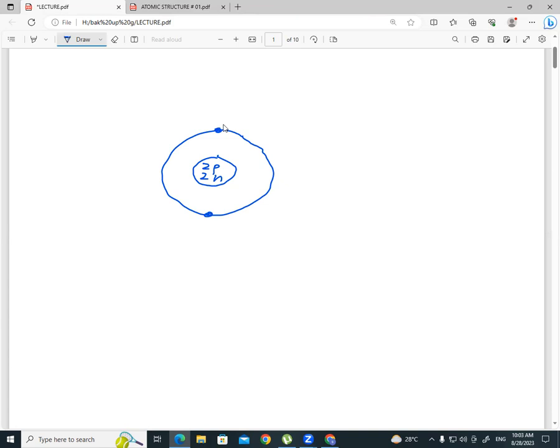So if a helium atom loses these electrons, only this nucleus will remain, having two protons and two neutrons. This nucleus of helium atom is now called an alpha particle.